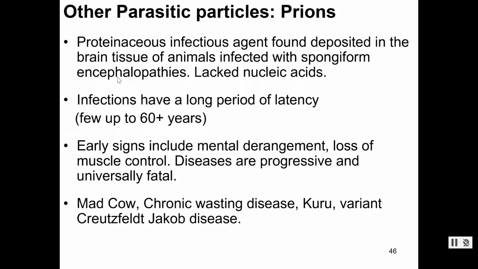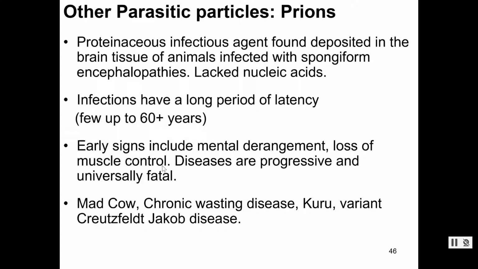The diseases they lead to are in a category called encephalopathies, which are degenerative brain diseases. It basically turns your brain into a sponge, so they're called spongiform encephalopathies. Signs and symptoms include mental derangement, since it infects nerve cells, and loss of muscle control.